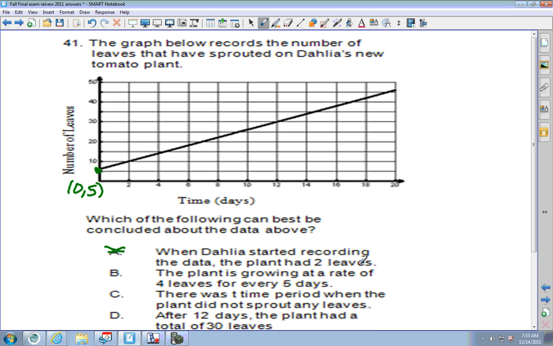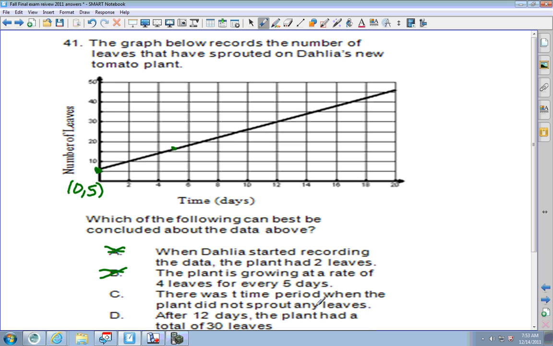The plant grows at a rate of 4 leaves every 5 days. Well, let's see, 1, 2, 3, 4, 5 days. That plant has grown by almost 10 each time. So not 4, that's not it.